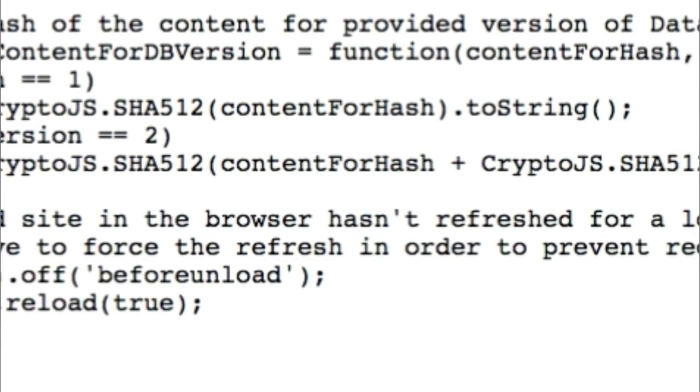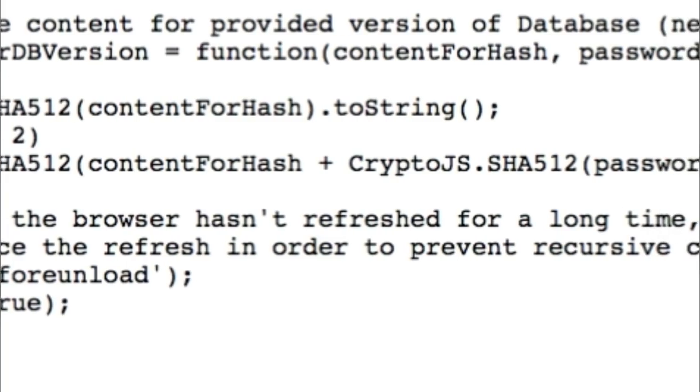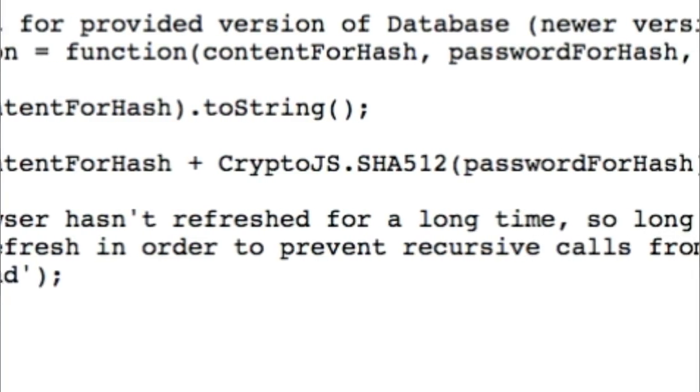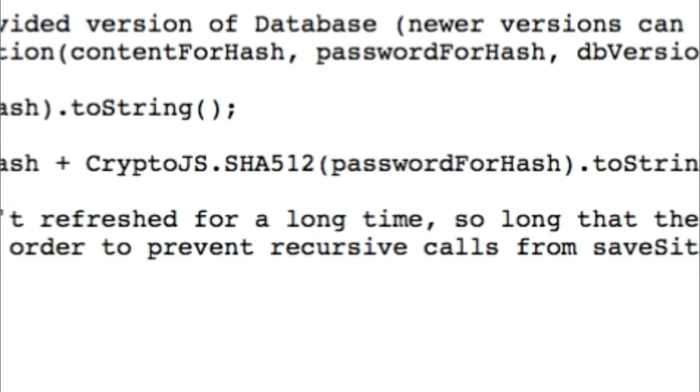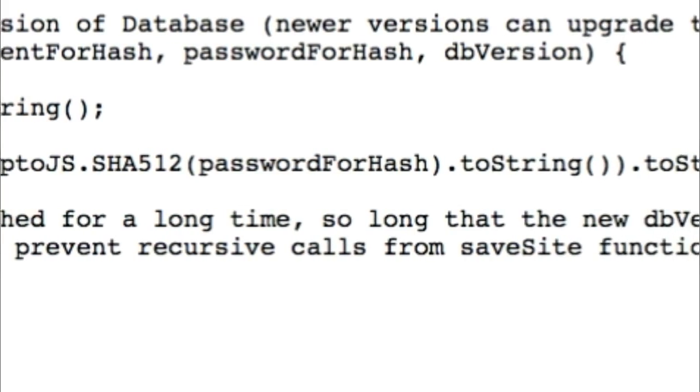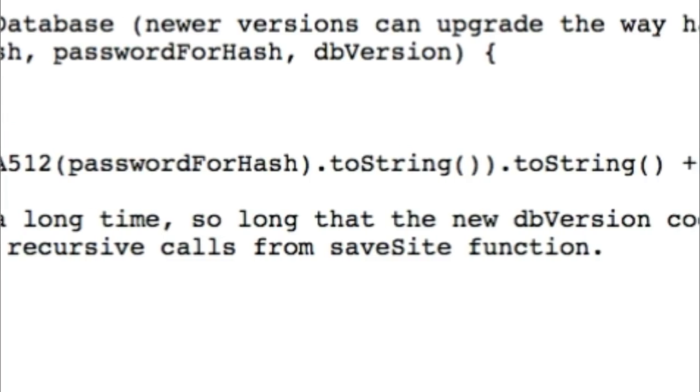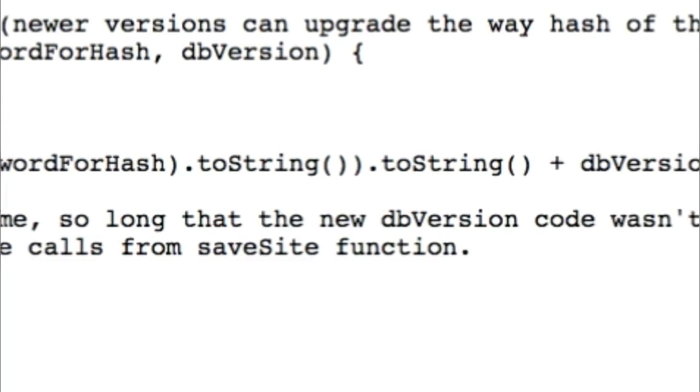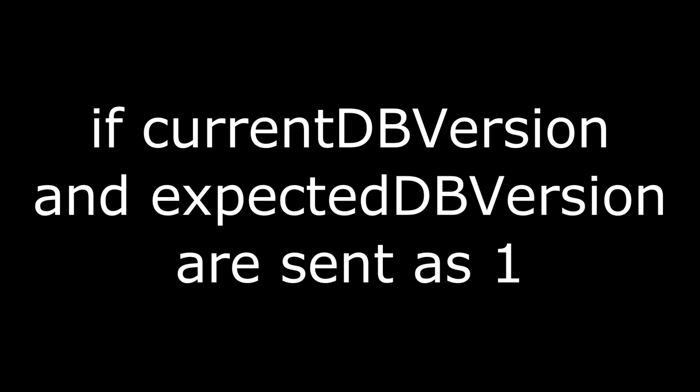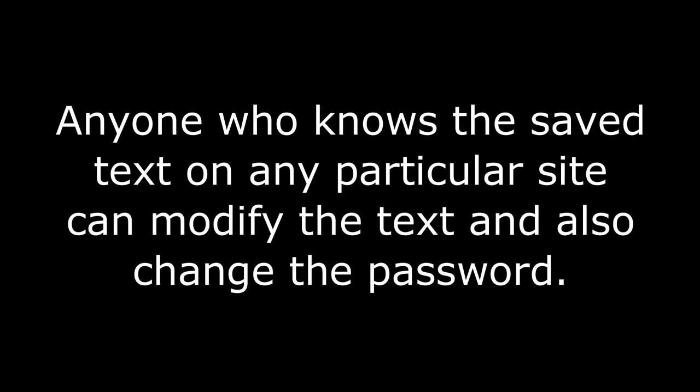And no matter what, the db version is always going to be 2 because it is sent from the server and they know that the first version of the hash function is vulnerable, and hence sending db version as 1 will make the vulnerable hash function to be executed, which results in the security being compromised, because if db version is sent as 1, the vulnerable hash function is executed, and that means anyone who knows what text is existing on a particular link can change the text on that link, and they can also change the password of that link without actually knowing the actual password of that particular link or site.